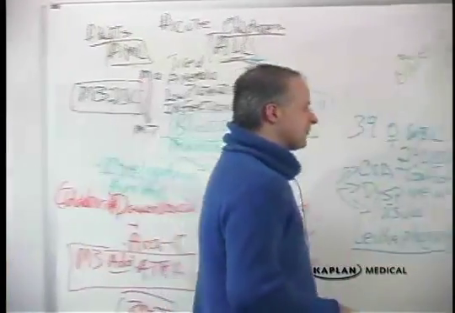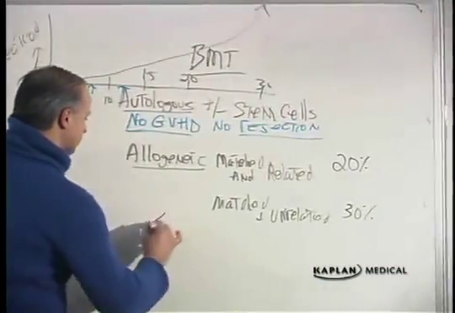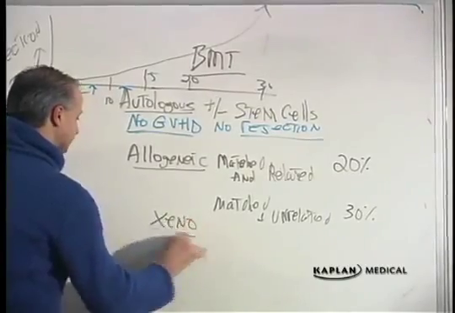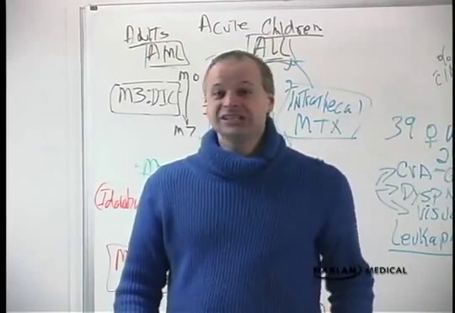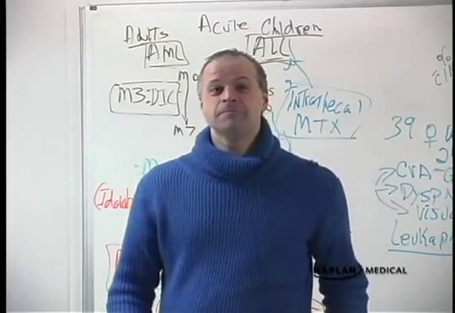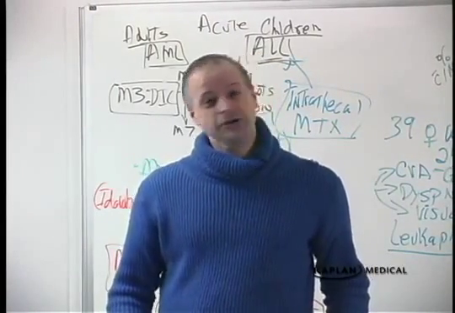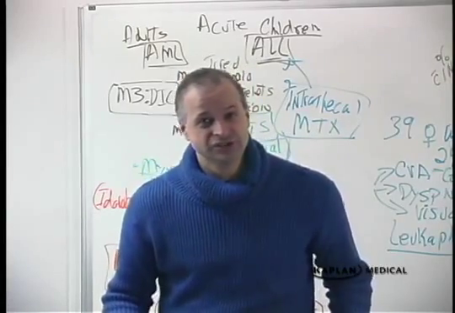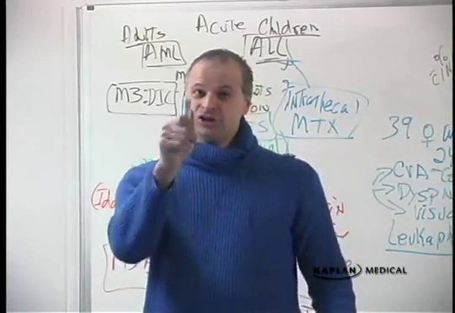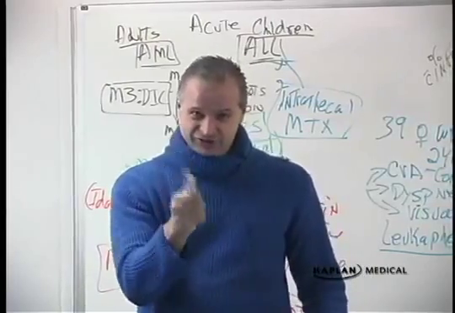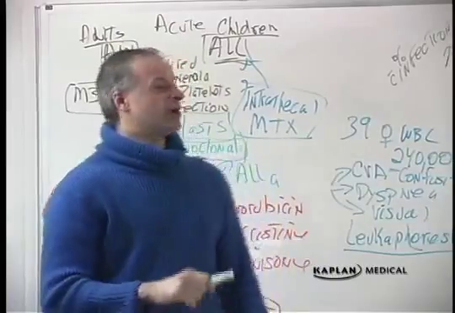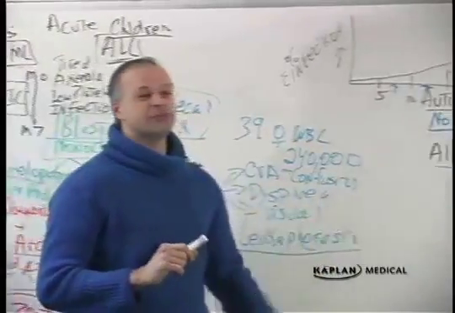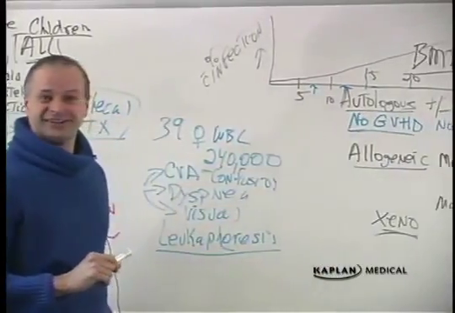The last type of transplant, what about a xenograft? What does xenograft mean? Xenografting means you're getting a transplant from outside your own species. And the answer is, you never date outside your own species, except one part of the body where you would use a transplant from another species.